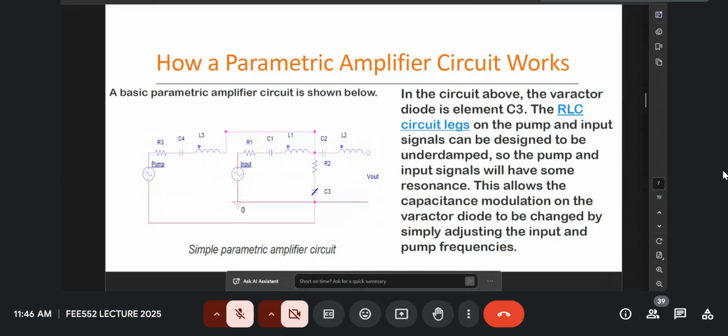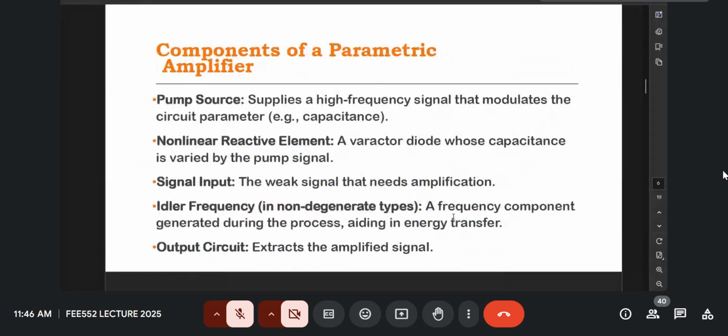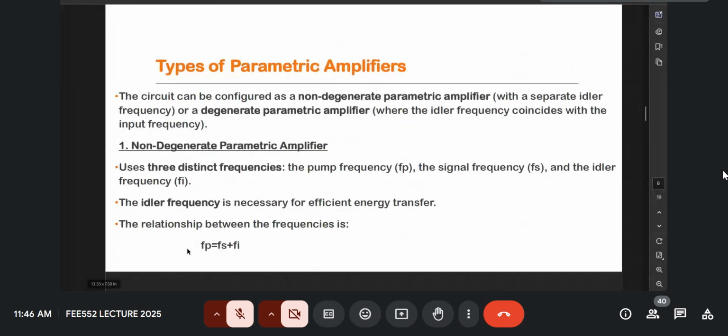For the idler frequency, does it have a specific value that you select, or does any range work? Not really, because for the idler, we just make use of the relation, because what we are interested in is FS.